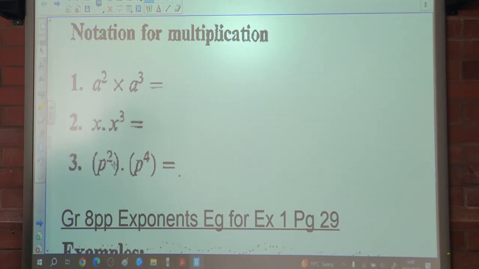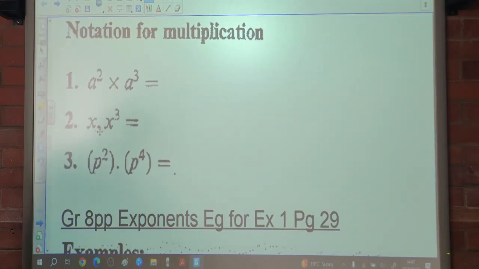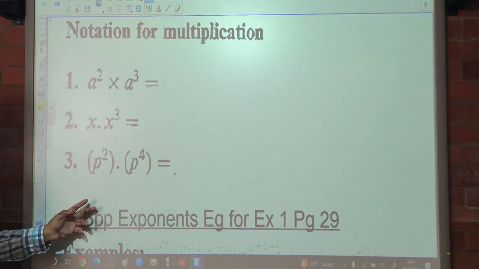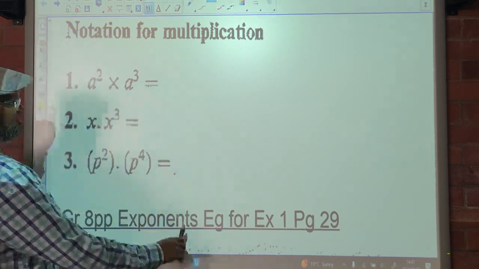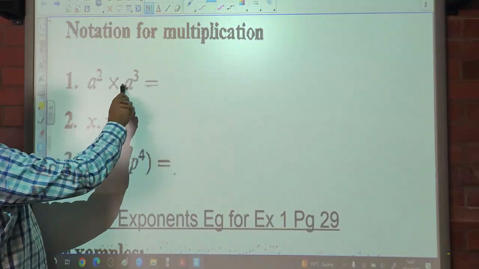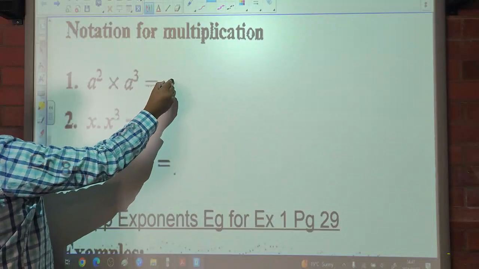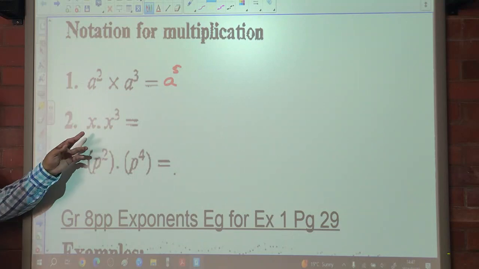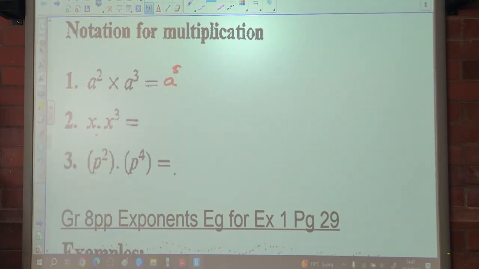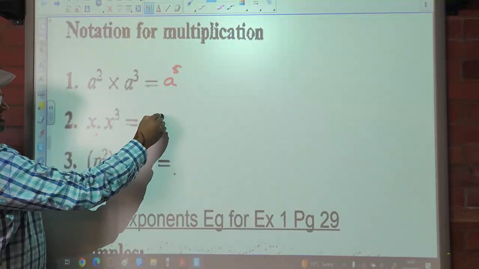So notation for multiplication, first is multiply, dot, and the brackets. This all means multiply. You don't have to write this down. Let's just run through it quickly. A squared times a cubed. What's a squared times a cubed? A to the 5. You all agree with that? The next one. What's x times x cubed? X to the 4.